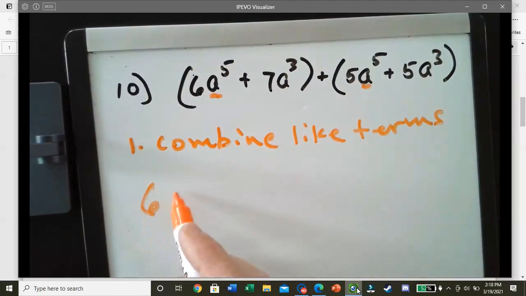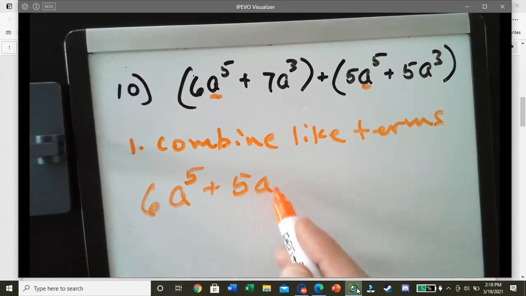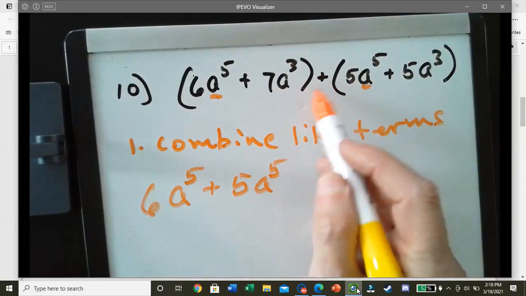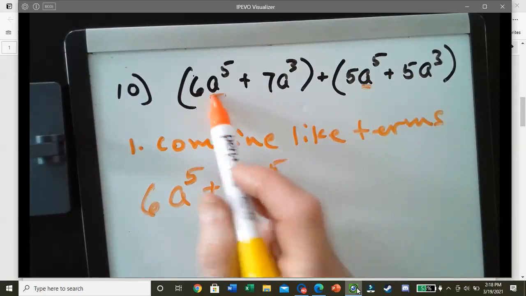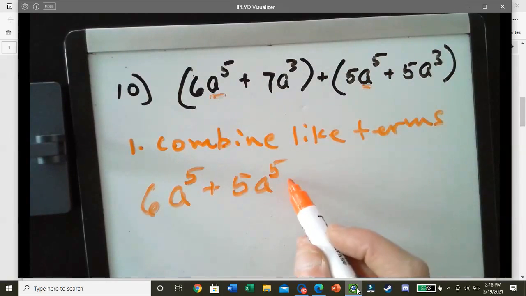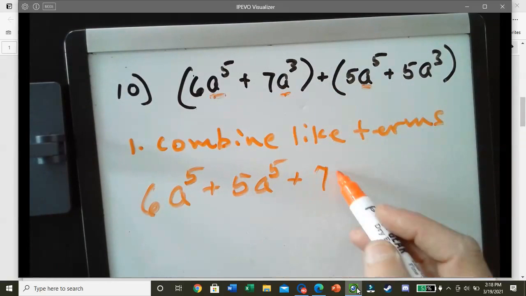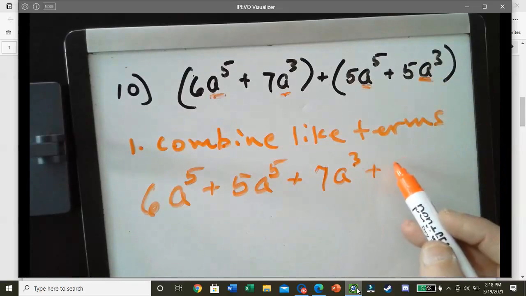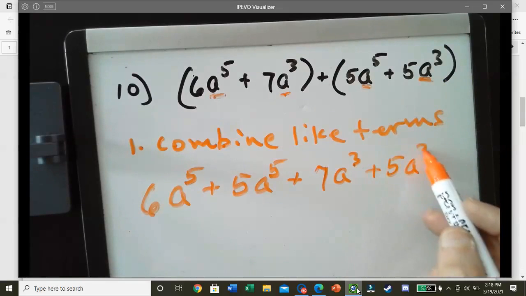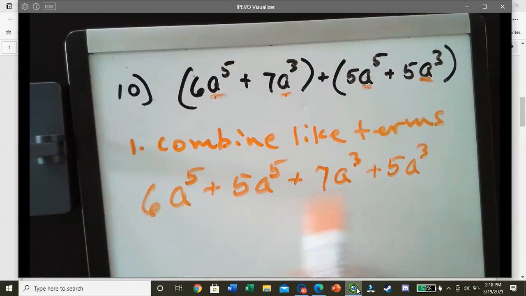So we can combine a 6a to the 5th plus a 5a to the 5th. Now since this is plus, we're not going to change the sign, so we can just combine them directly. And then we have a 7a to the 3rd, and we combine that with the other, the 5a to the 3rd. So if there's a negative in front, you put the negative with it, okay?